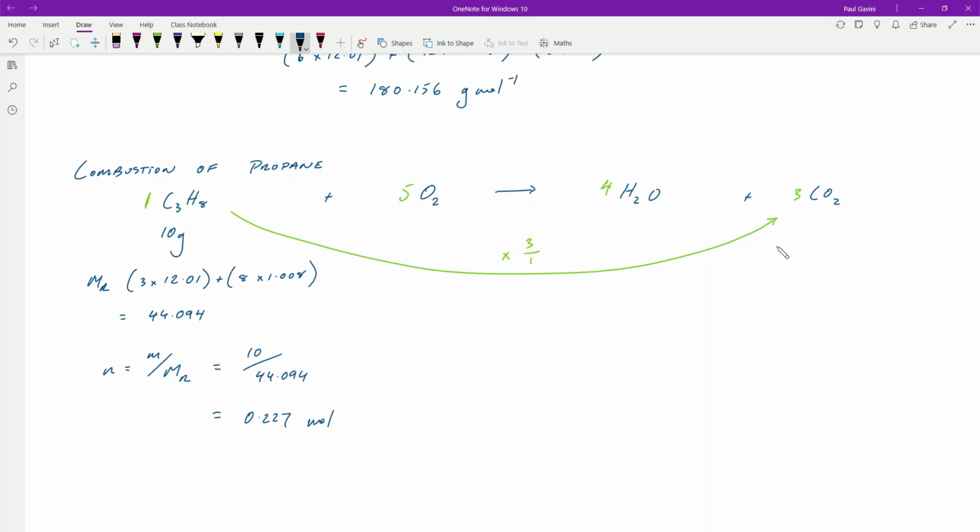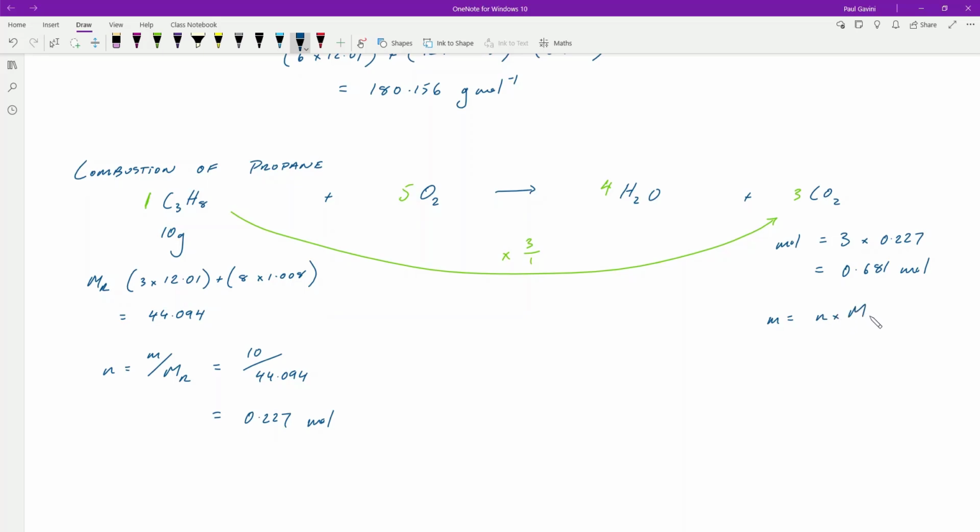So that means the moles of carbon dioxide is going to be equal to 3 times the moles of the propane, which is equal to 3 times 0.227. Now if I times those two together, that gives me 0.681 moles.